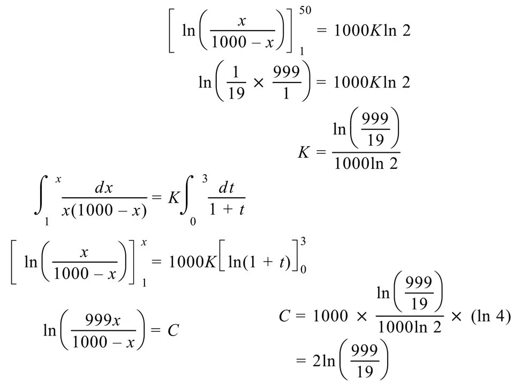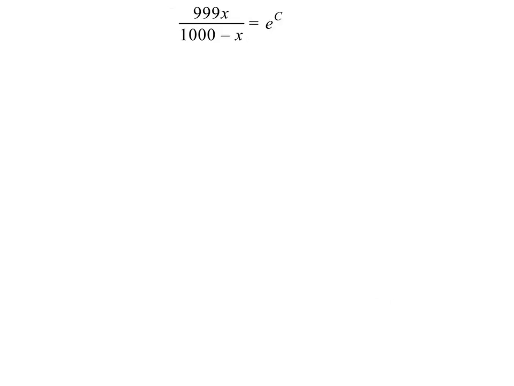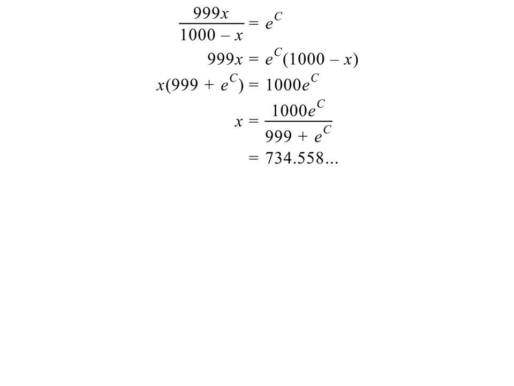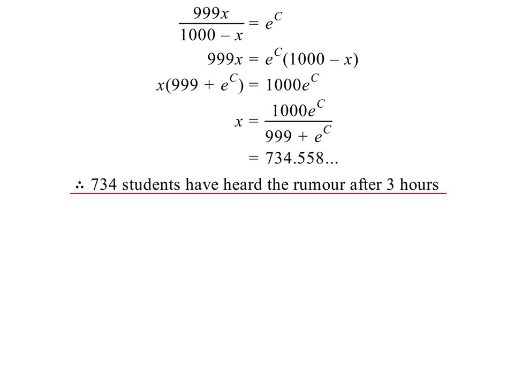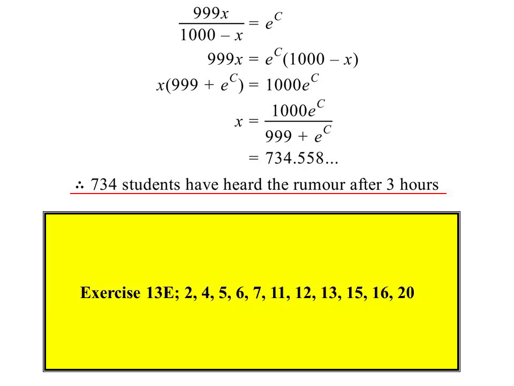Okay. So c will equal 1000 times log. Alright, so now, 99x on 1000 minus x is e to the c, and eventually there it is. Whoa, look at that number. 734 students have heard the rumour after 3 hours just because one person came up with a rumour.